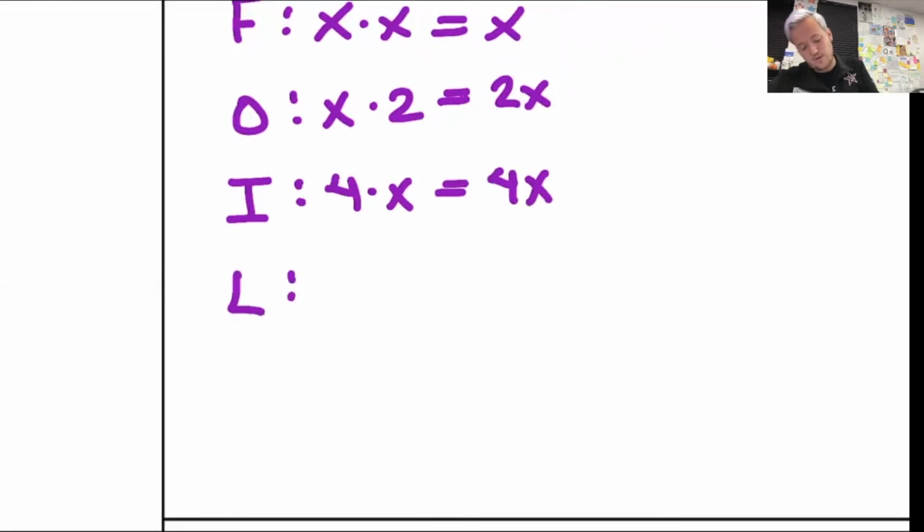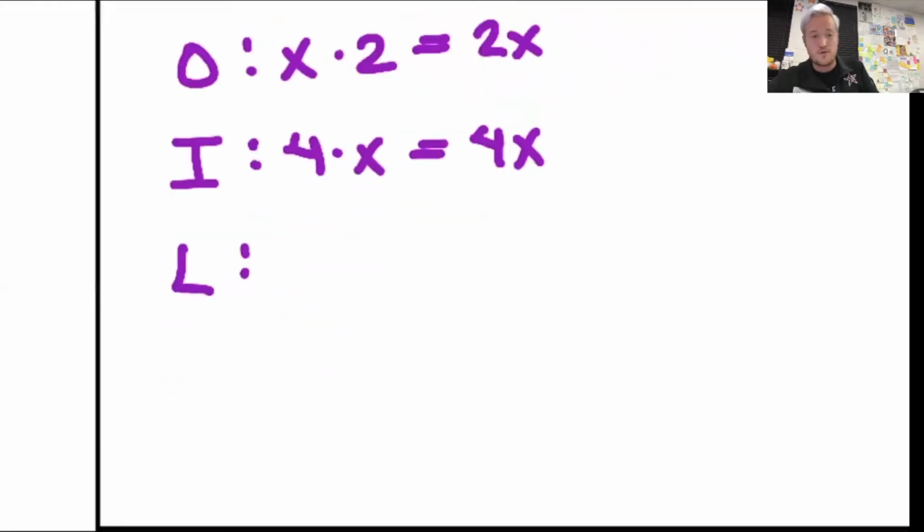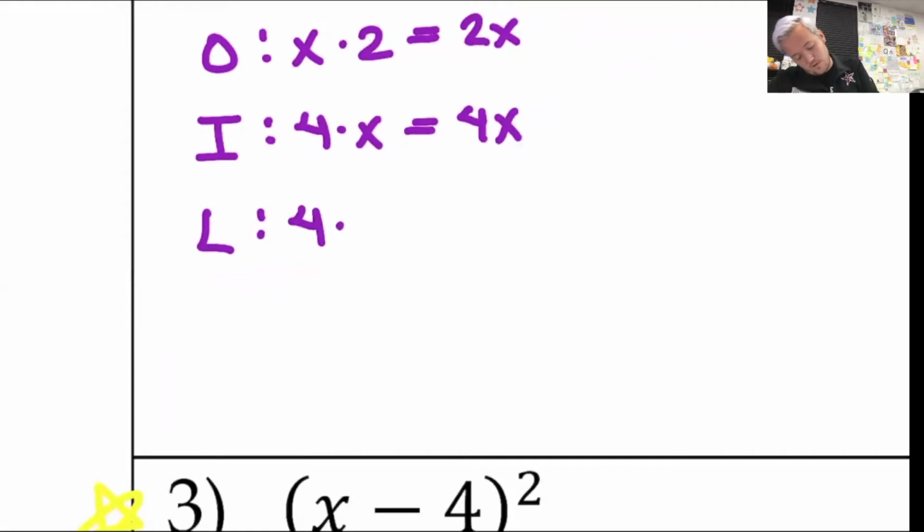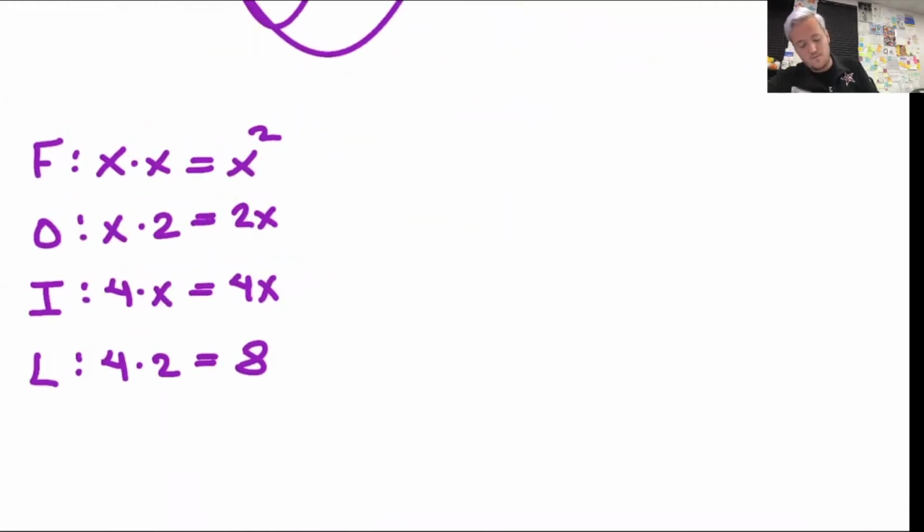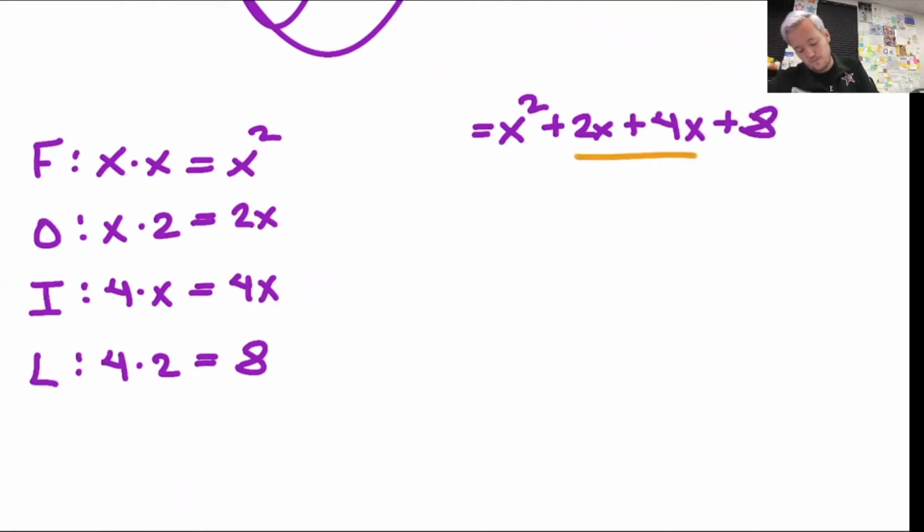And your last terms, which are 4 times 2, which gives you 8. And then you can just add all those values together. So x squared plus 2x plus 4x plus 8. Combine your like terms. So x squared plus 6x plus 8.